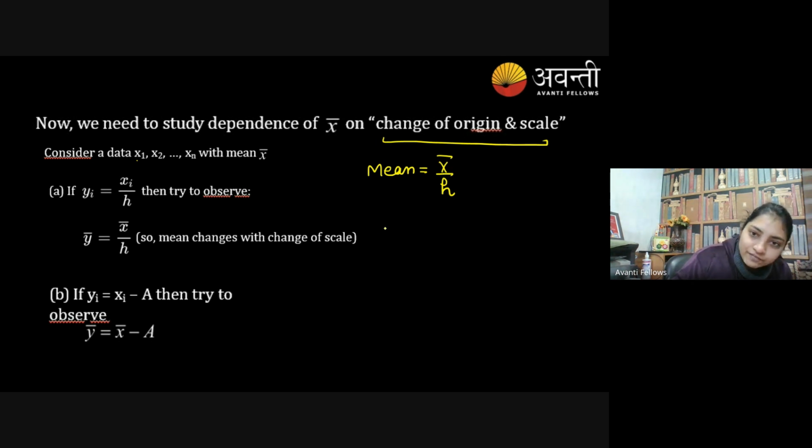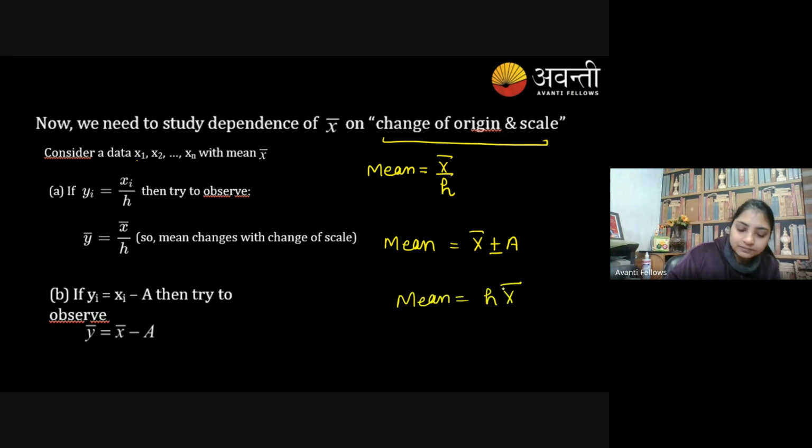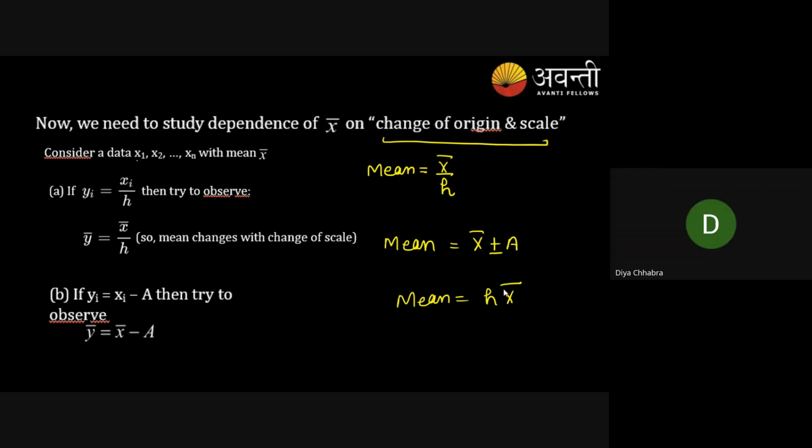If every number is added by some number or subtracted by a number, then your new mean will be x bar plus that number or x bar minus that number. In fact, if every item is multiplied by some number h, then your new mean will be h times that mean. Clear?